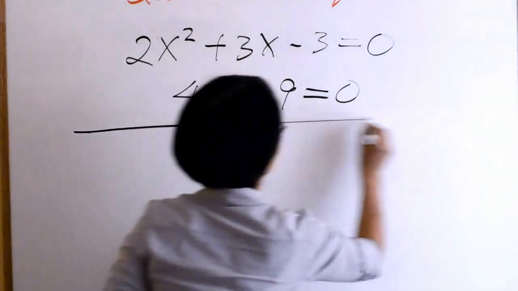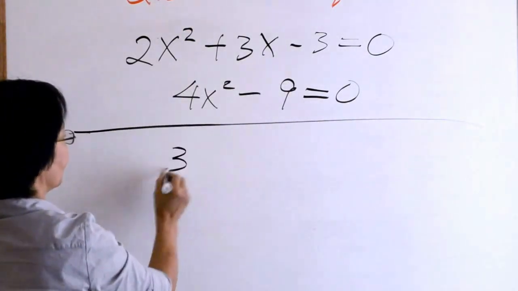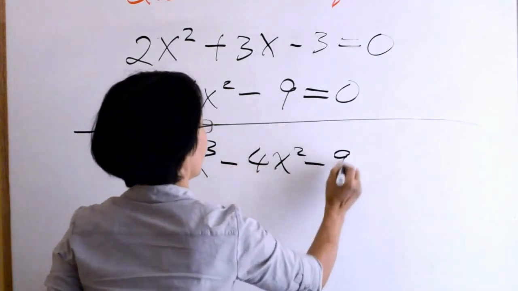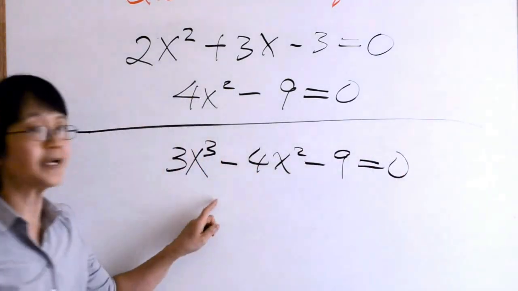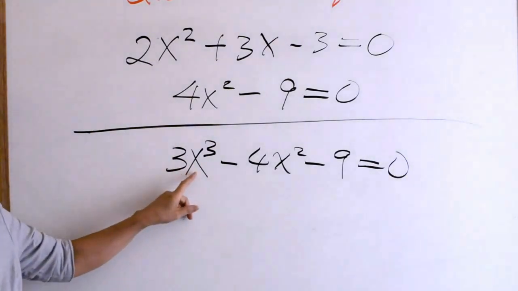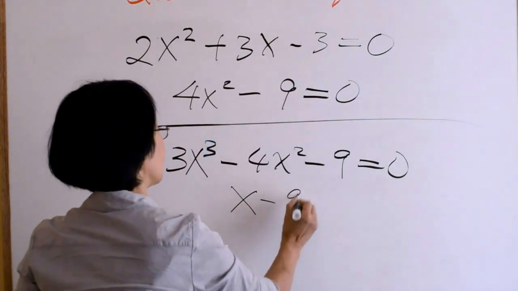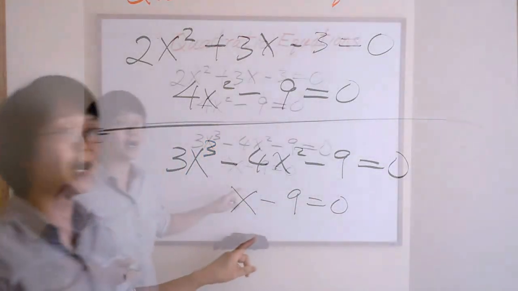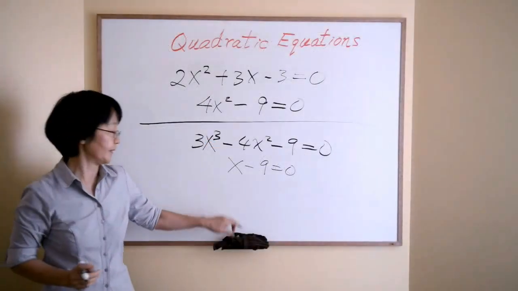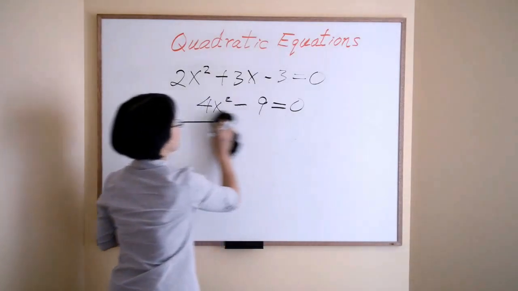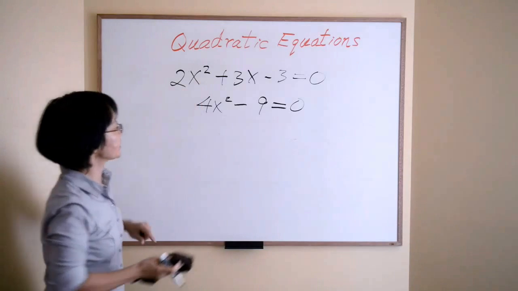I'll show you what is not a quadratic equation. This is not a quadratic equation because the x is raised to the power 3, or x minus 9 equal to 0. This is not a quadratic equation as well. Good. Now we know a quadratic equation is an equation whose highest power is raised to 2.